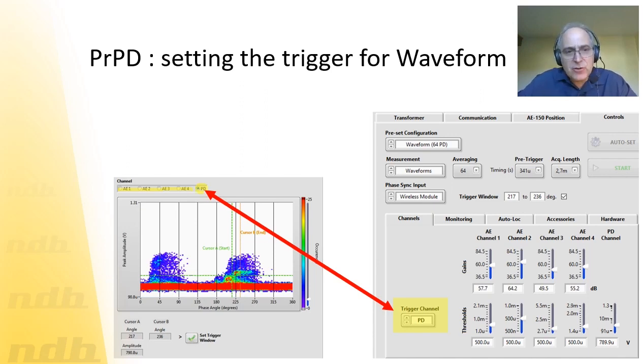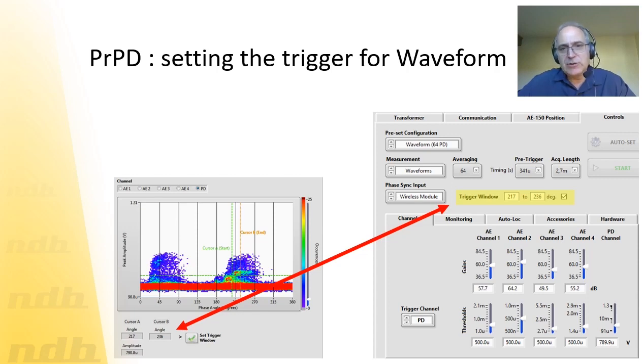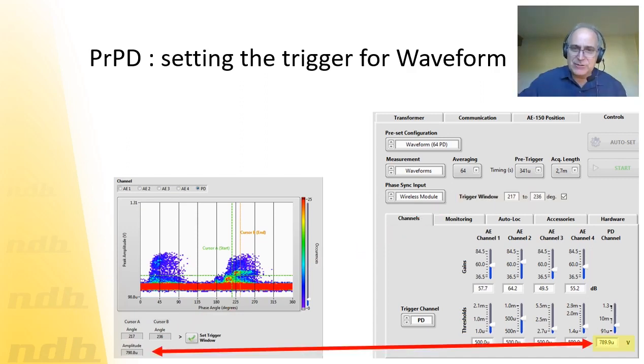So once you click to set the trigger, it will copy the selection, the electric channel, all the way to the trigger channel. And it will transfer start and stop angle into the control panel, and the amplitude.